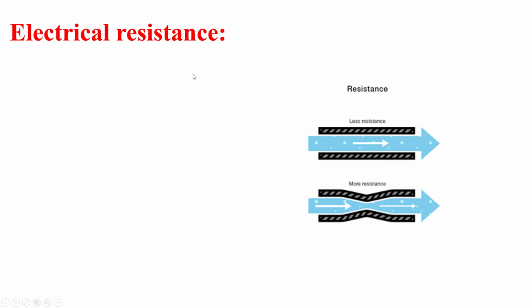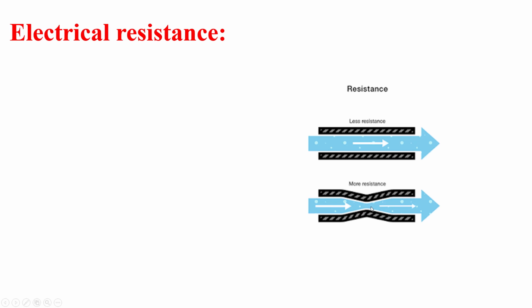So what is electrical resistance? Let's discuss it through a simple example. Suppose there is a pipe and water is moving inside the pipe. If you place dust or stones in the path inside the pipe, the stones will definitely try to stop the flow of water.